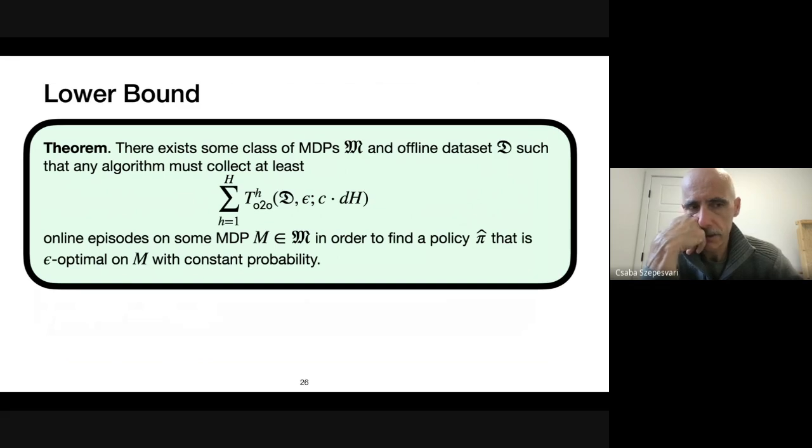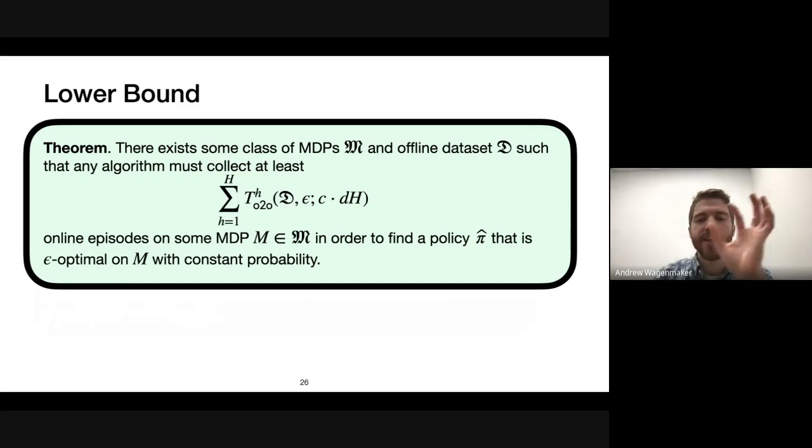Rich enough features, yes. You could imagine a scenario where I construct an offline data set that's really bad and then it does nothing to help my problem. I should have put all the quantifiers in this theorem statement. But in this scenario, the offline data set is not really bad. It's giving you some useful information, but still, with that useful information, you need to collect this many more online episodes.